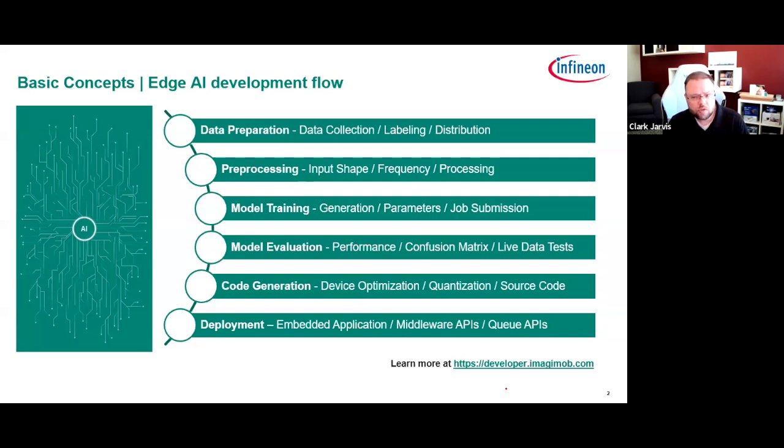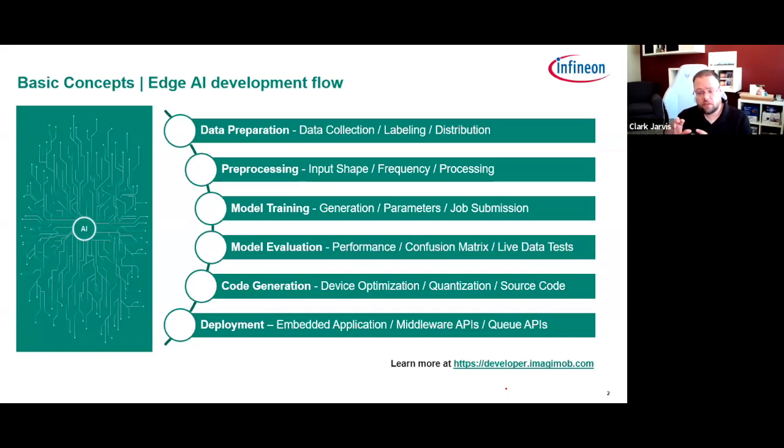There's a confusion matrix, which shows how well, for the particular item or event that I'm trying to detect, how likely it is to be detected correctly, both from a false positive or a false negative type of result. And I can even take live data from my device and see how it compares with that model as well. And this is all geared around making sure that I have a model that I'm happy with, that's going to work like I want it to.